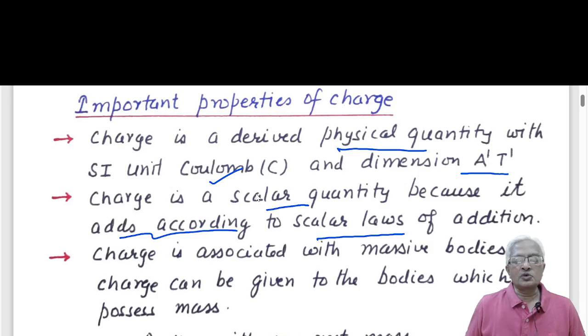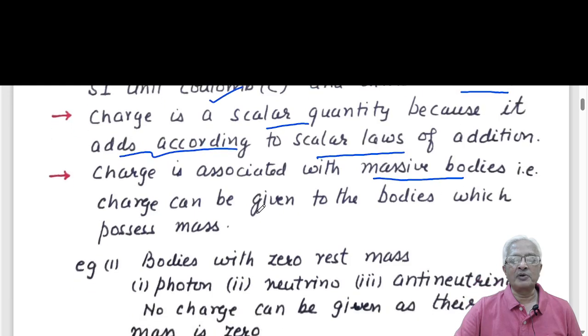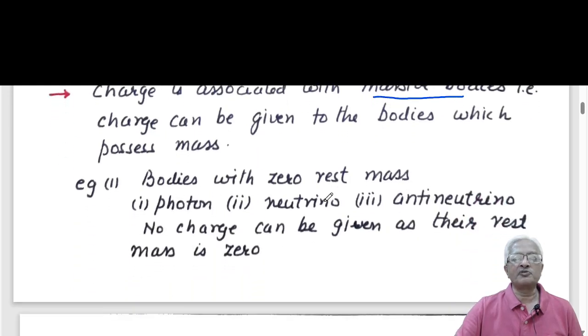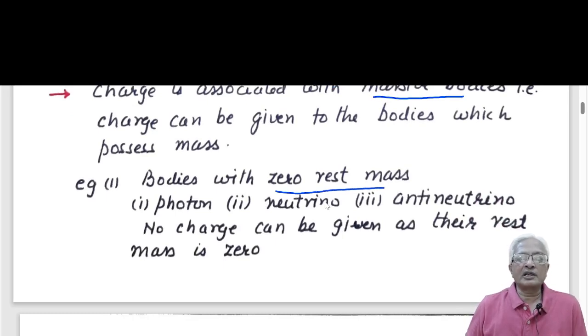Charge is associated with massive bodies, that is, the bodies which have mass can only be given charge. For example, we have certain bodies with zero rest mass. What are the examples of zero rest mass bodies? We can imagine about a photon, neutrino and antineutrino. Since they have zero rest mass, so no charge can be given to them.